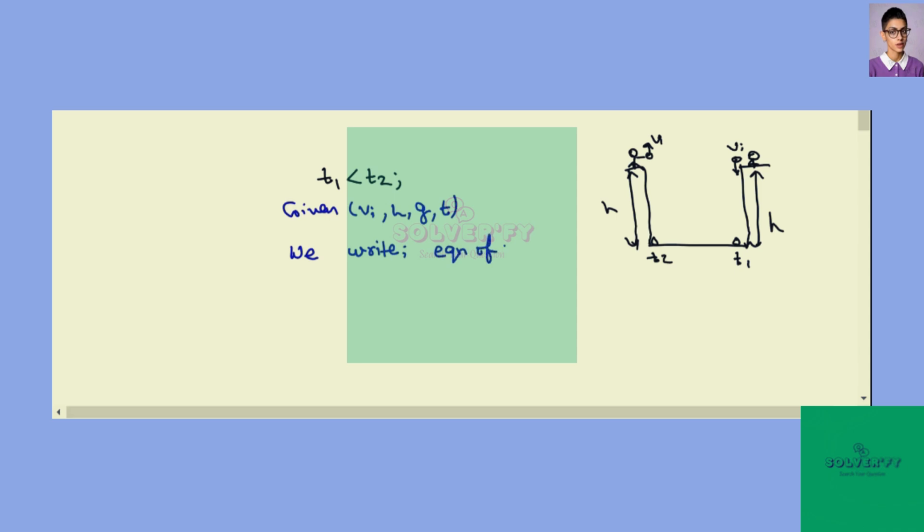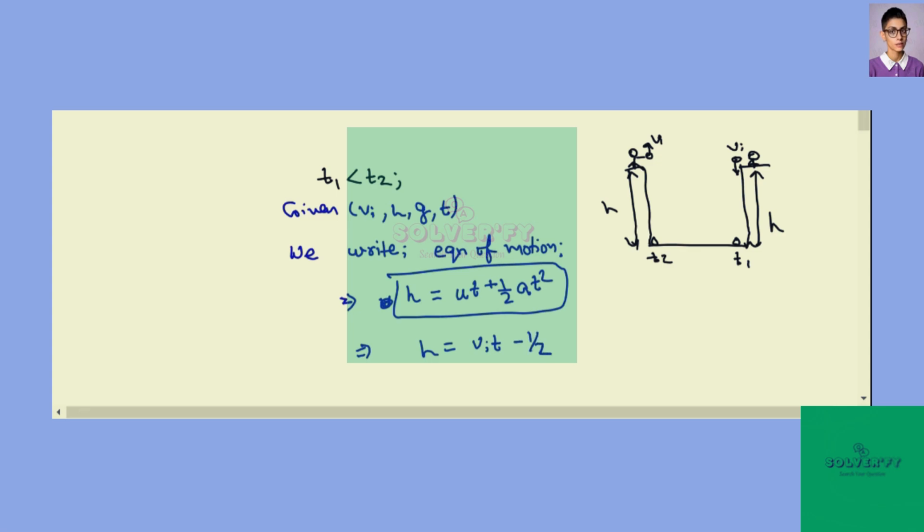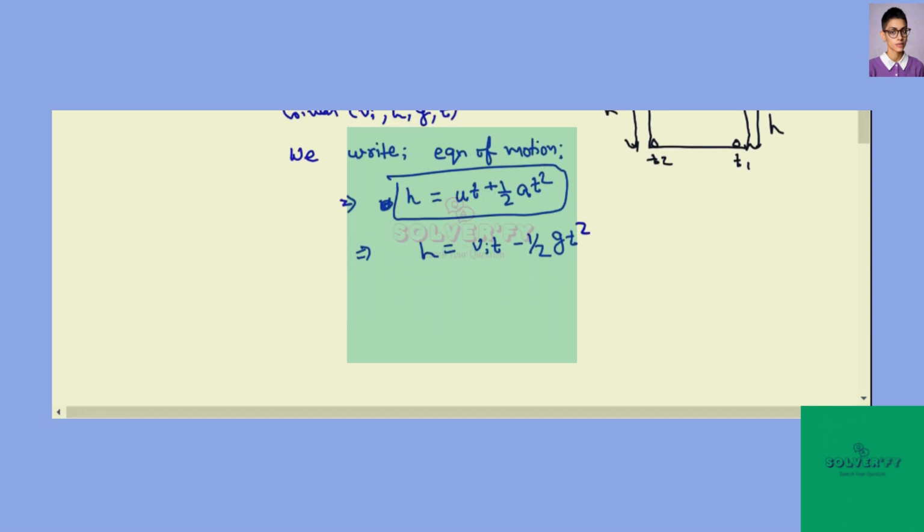There are three equations of motion, and the second equation is h equals ut plus half at square. We will use this formula for time calculation. For this problem, h equals vi t minus half g t square, where g is the acceleration due to gravity.